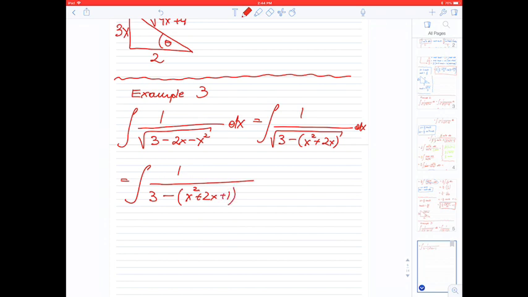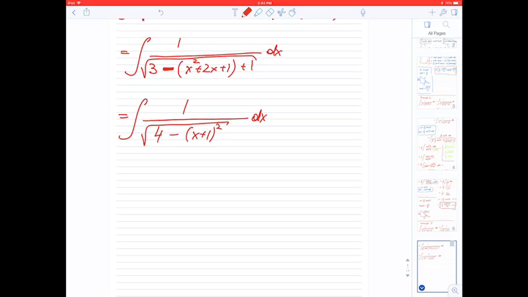And since I am adding 1 in my parentheses, I know that I'm actually subtracting 1 because it's negative in front. That means subtracting 1 means that I have to add 1 outside. Then I'm not changing anything. Okay, let's see what we have. 3 plus 1 is 4 minus x plus 1 squared.